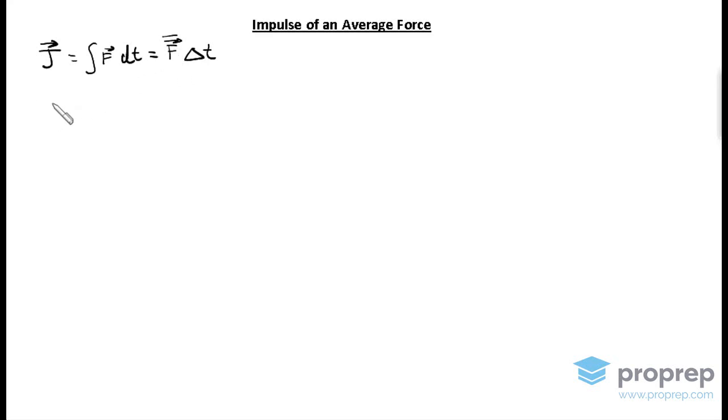So first, let's talk about how we define an average force. An average force equals, by definition, the integral of your force, F, times dt, divided by your total change in time. In a case when you're going from 0 to delta t, it will be your upper limit, delta t.